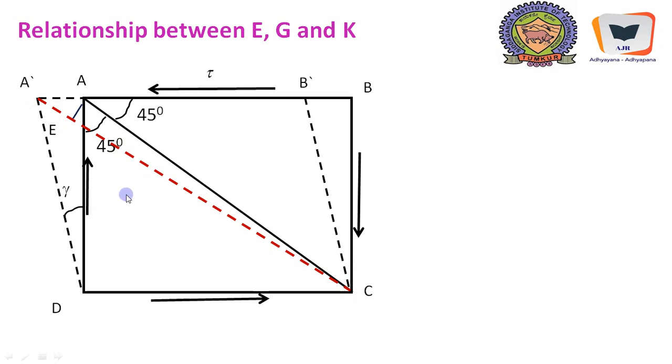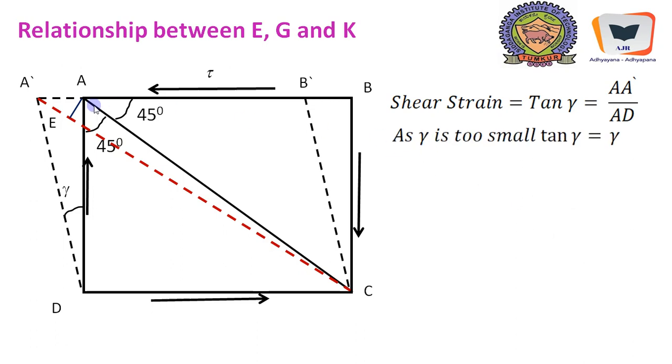For the sake of derivation, we will also draw a perpendicular from A which will meet this red line, that is the extended diagonal or stretched diagonal, at E. And therefore shear strain, which is tan gamma, equals AA dash, that is opposite, by AD, that is adjacent. Since the angular deformation gamma is very small, tan gamma will tend to become gamma. Therefore gamma is AA dash by AD.